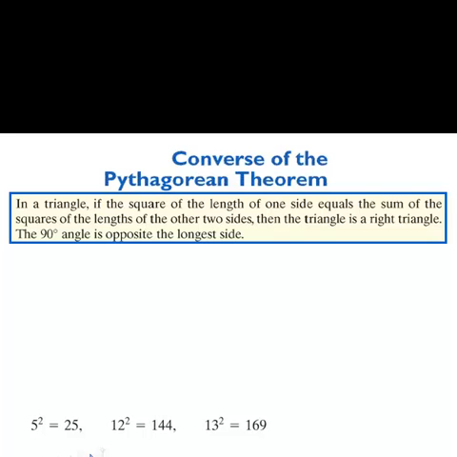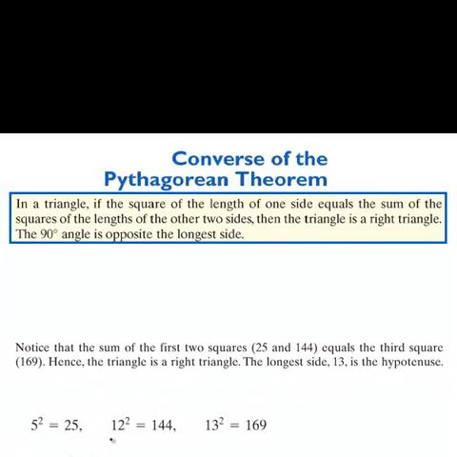So, if you happen to have a triangle whose sides are of length 5, 12, and 13, for example, so if you've got this triangle here, you have one leg of length 5, another leg of length 12, and the other side is 13.